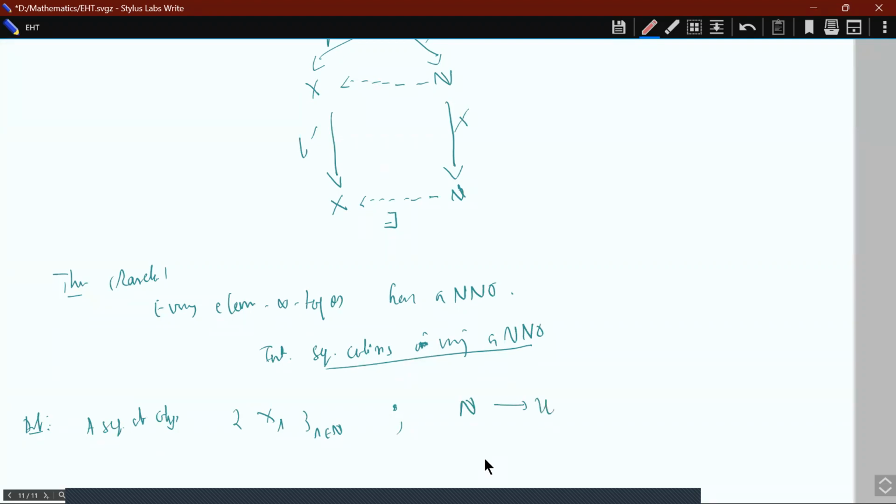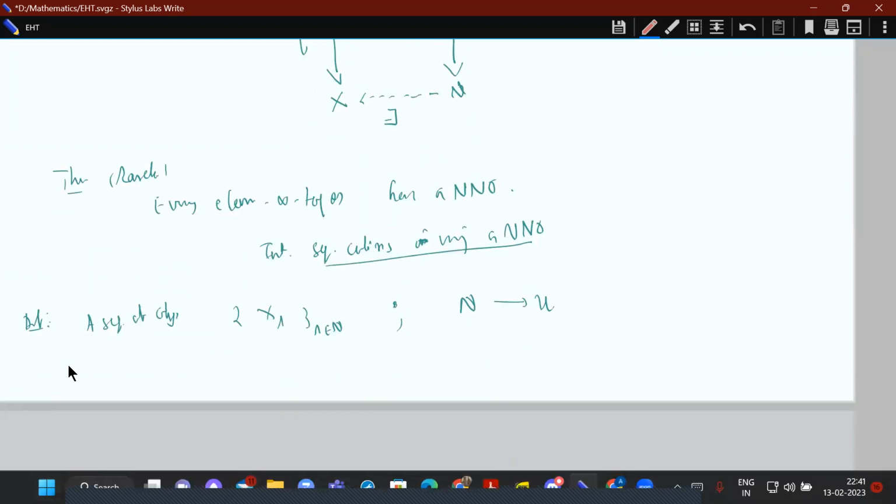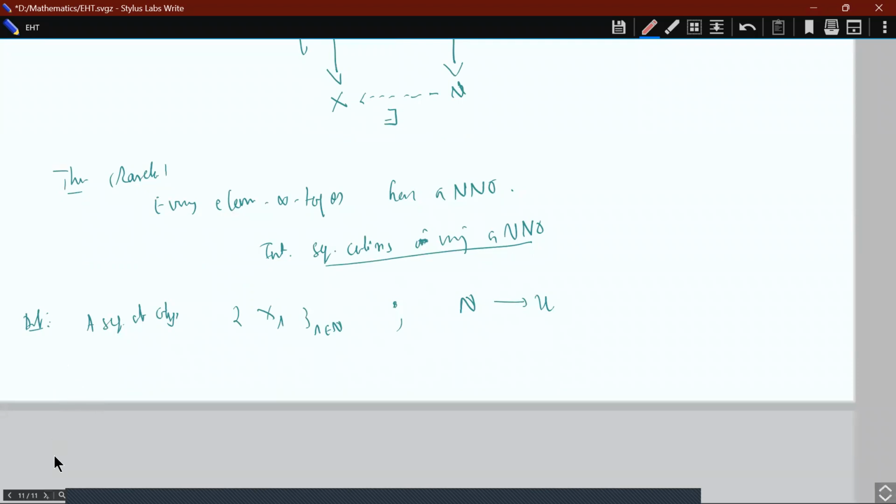As I said, I've already defined the context, so when I say a sequence like this, that just means a map of this form.